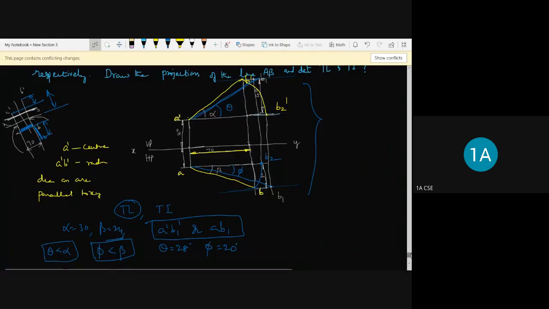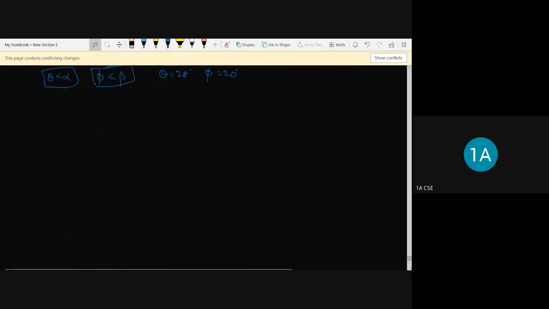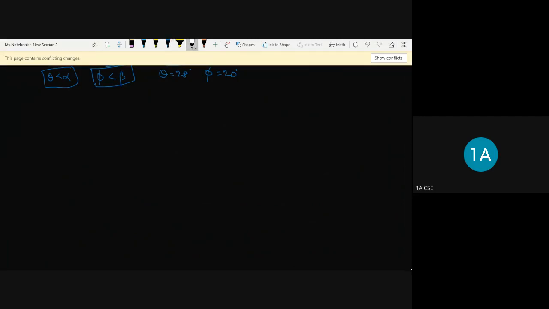I'll just give you the position of A. Take the XY line, VP, HP, and take this position as A dash comma A. Both are the same.